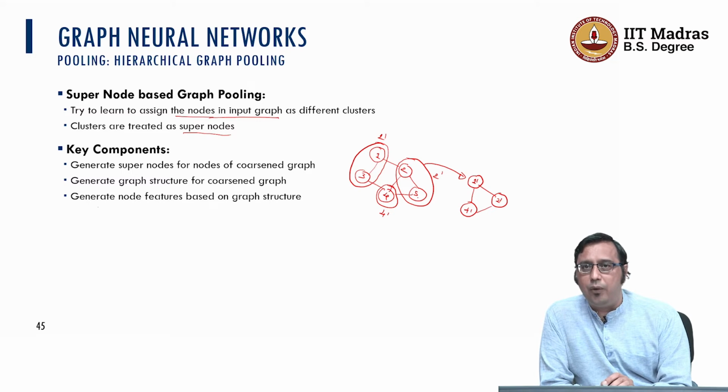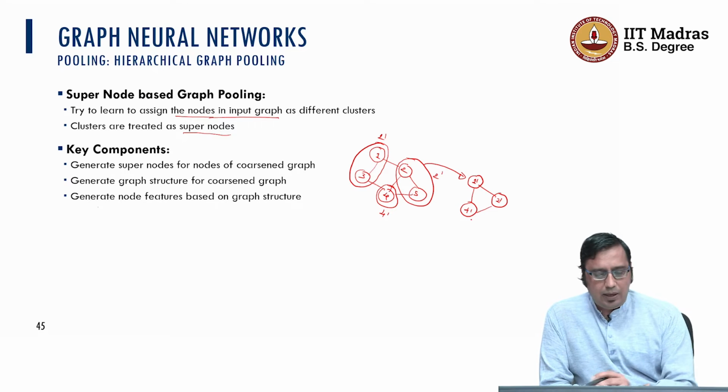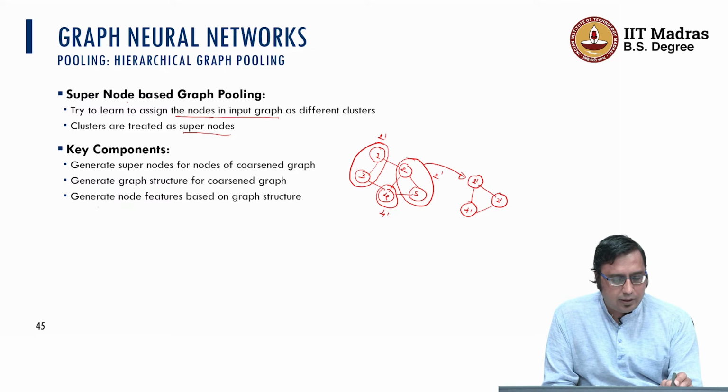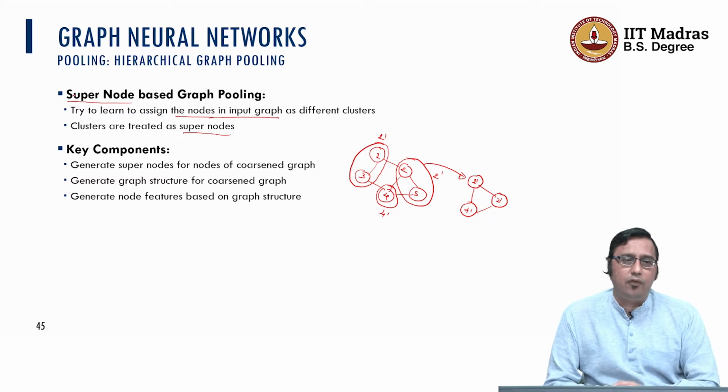Similarly, 2 and 5 are not removed. They have been clustered together to create 2', and similarly 4 remains the 4'. So that is what is done in supernode based graph pooling.